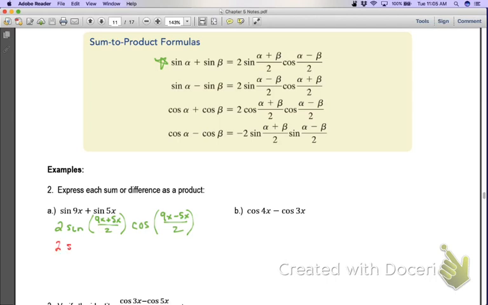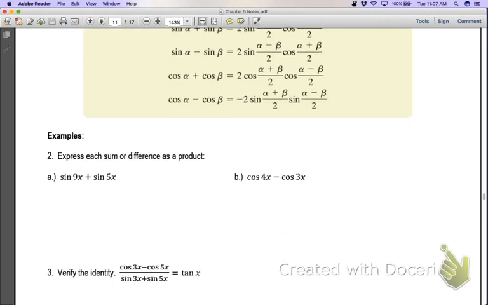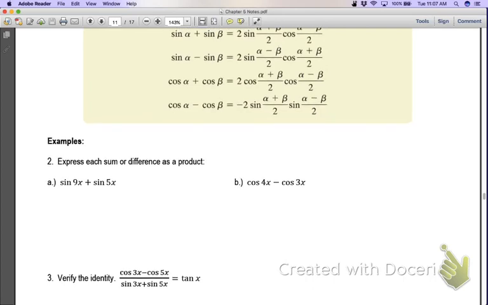So I'll have 2 sine of 14x over 2, cosine of 4x over 2, and then my final answer is just going to be 2 sine of 7x cosine of 2x.